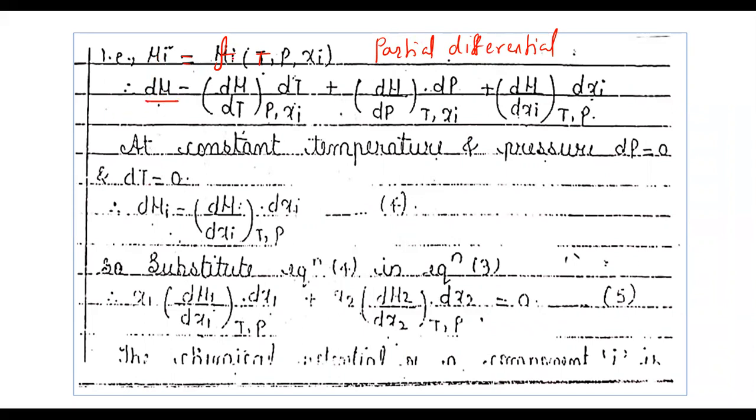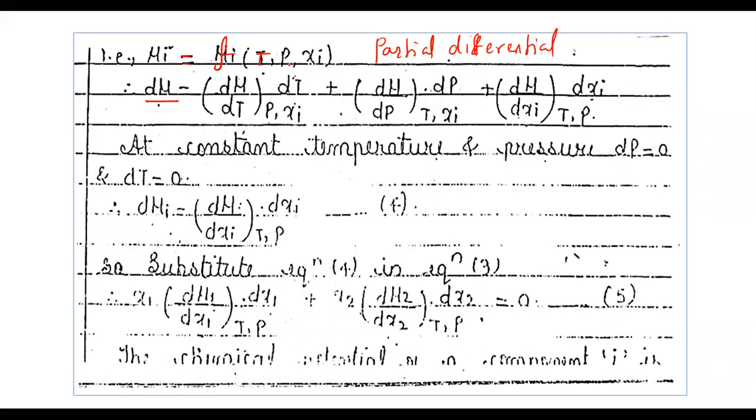Then the change in the chemical potential with respect to temperature: partial d mu upon partial dT, multiplied by dT, at constant pressure and mole fraction of the ith component. Plus the change in the chemical potential with respect to pressure, multiplied by dP, at constant temperature and mole fraction.